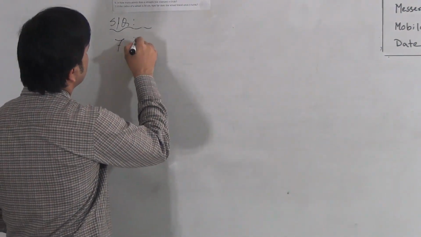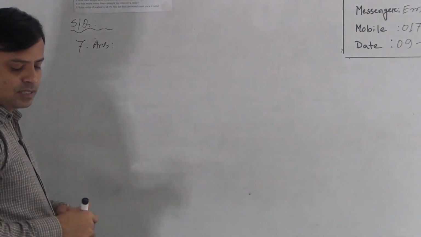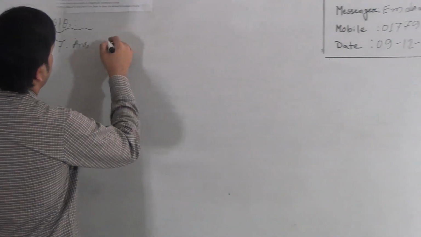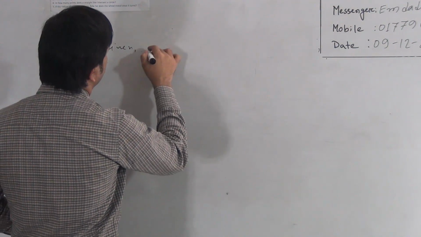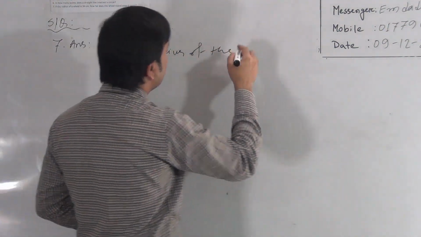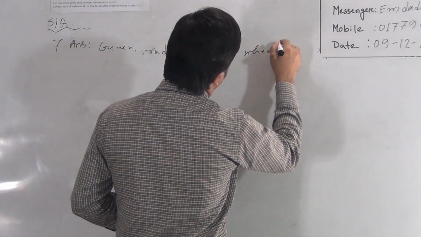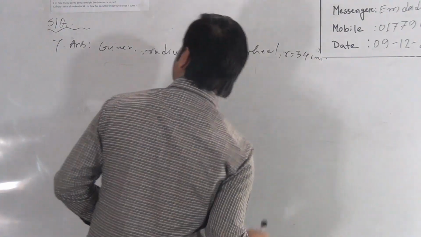So the answer of question 7 will be the required distance. Here we can write: given, the radius of the wheel is equal to 34 centimeter.